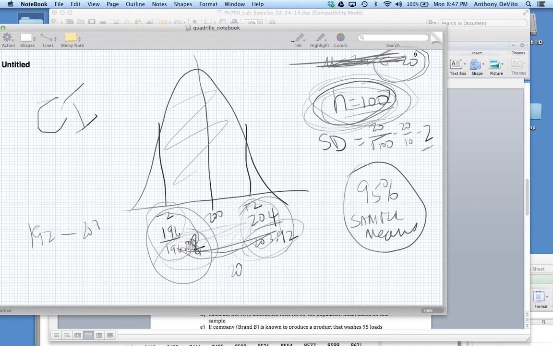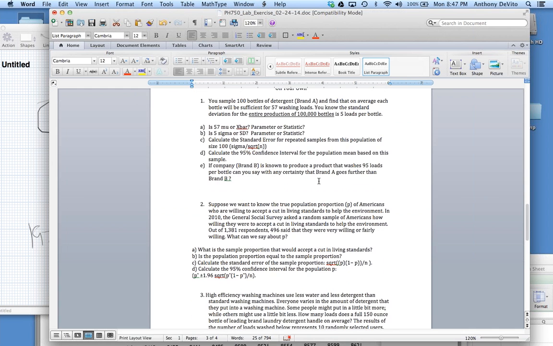In other words, 200 plus 2 standard deviations, with the standard deviation 2, times a z-score of 1.96. So that comes out to 203.92. Our range for 95% of the sample means to fall is from 196.08 to 203.92.